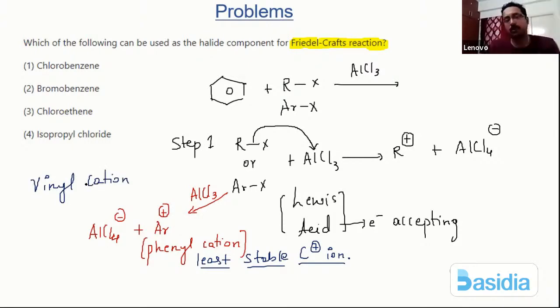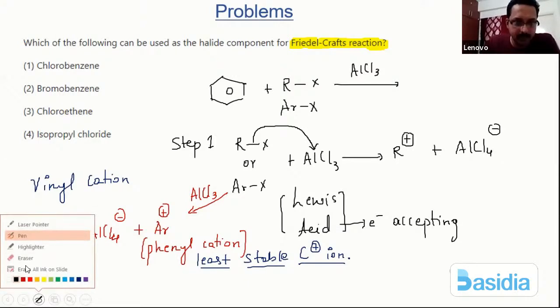So you might have come across vinyl chloride, right? If you write this chloroethene structure, it will be CH2 double bond CH, then you have a Cl over here. Sorry, it was CH2=CH, not CH2=CH2. So this is your vinyl chloride structure.